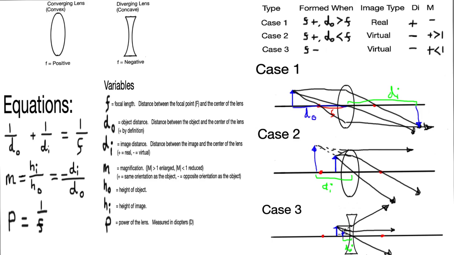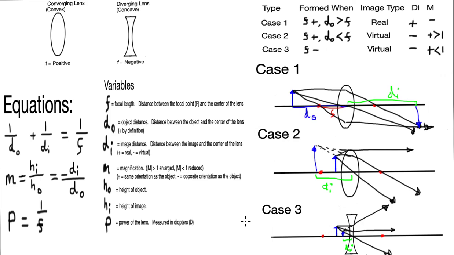So this image right here is virtual, and the magnification is less than 1. So when it's less than 1, the image is going to look reduced relative to the object. And it doesn't matter, even if our object was over here, it would still be somewhere over to the right of it, and it would be reduced no matter what. That's for case number 3.